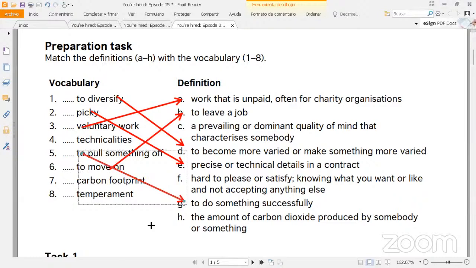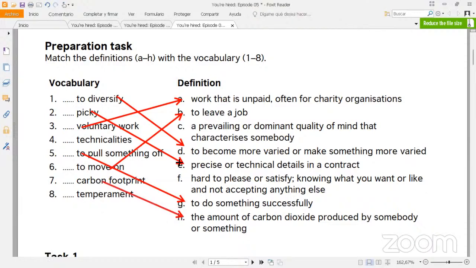Carbon footprint. And temperament. It says here, hard to please or satisfy. That would be something more like picky.